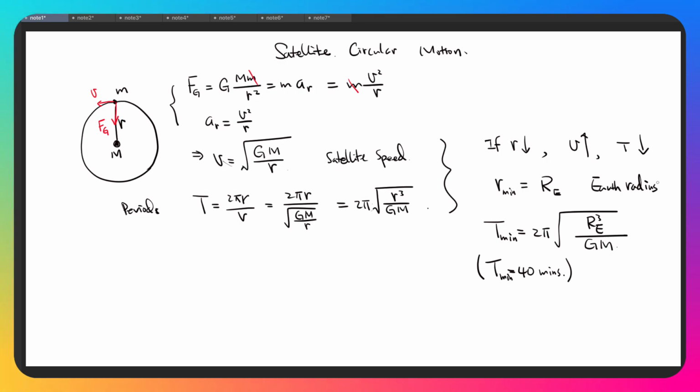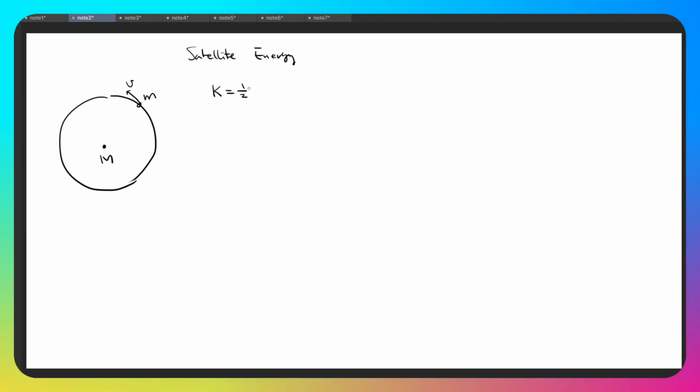Okay, so now let's talk about the satellite energy. Let me again draw a picture. Since the satellite is moving with velocity v, of course it has the kinetic energy K equals 1/2 m v squared. And let's say the distance here is r.